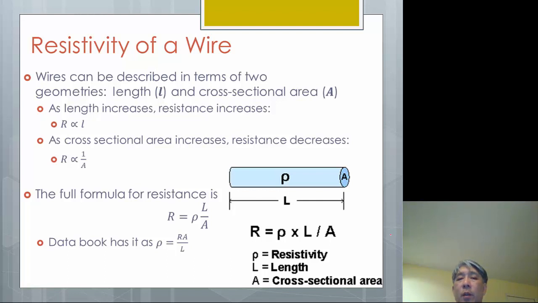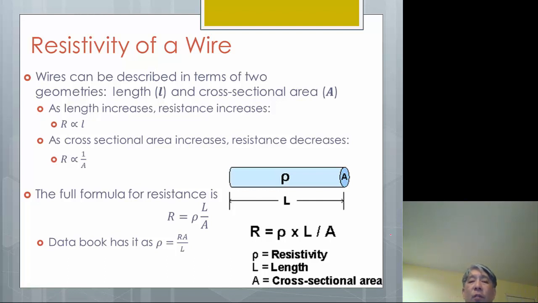This would be similar to a person walking down a hallway that's full of people. The longer the hallway is, the more time it would take you to get through it. Similarly, the wider it is, as long as I don't increase the number of people necessarily, the easier it is for me to traverse it.